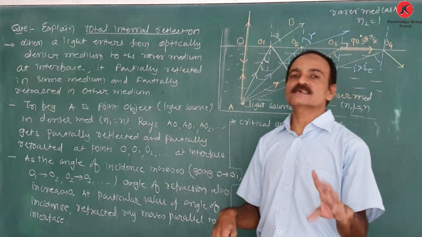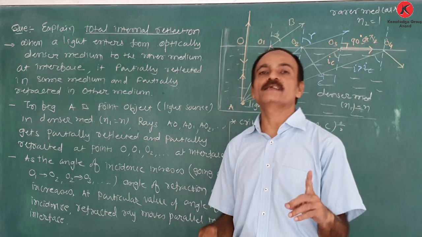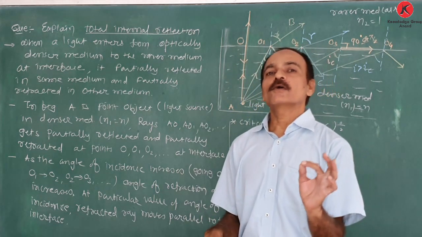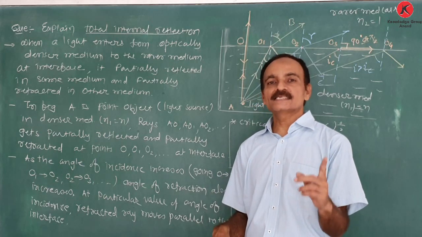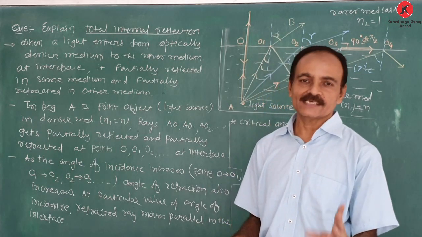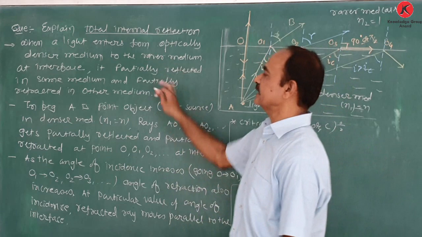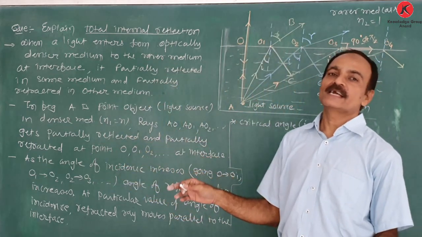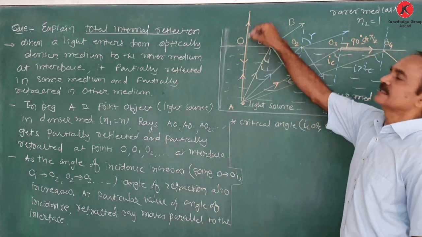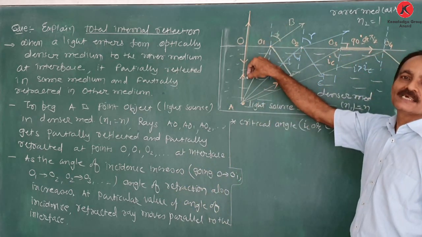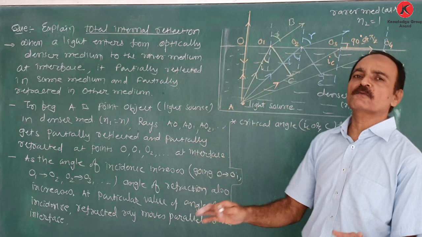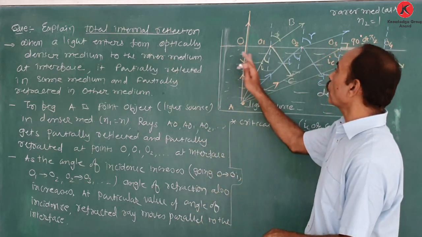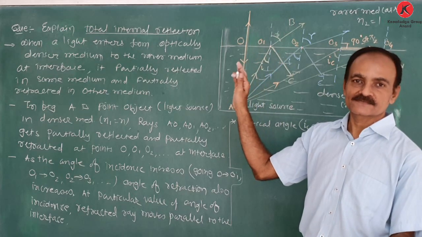Up to this, we discussed the phenomena of reflection and refraction. At that time, we only considered an oblique ray incident on a surface. But here, any ray incident on the surface separating the two media is partially transmitted and partially reflected. That means both reflection and refraction take place at the same time for all types of light rays.